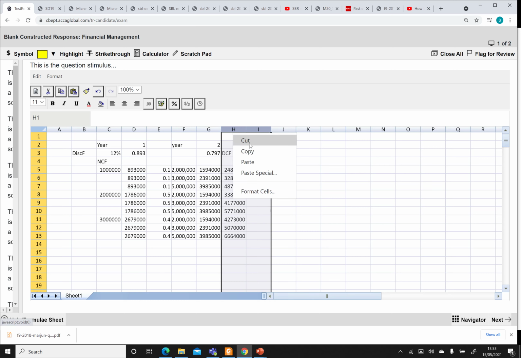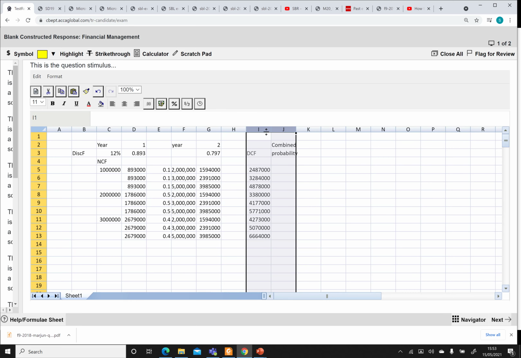So what I can do here is simply cut and paste, recognizing that there isn't a facility to add a column or add a row within this particular software.